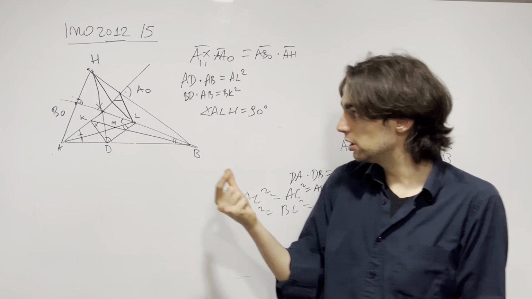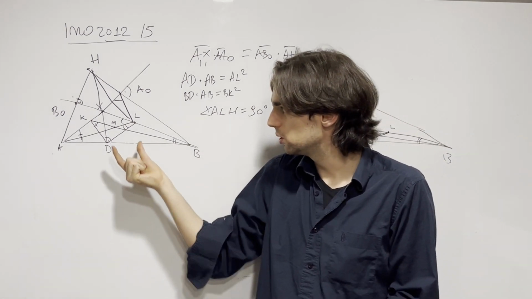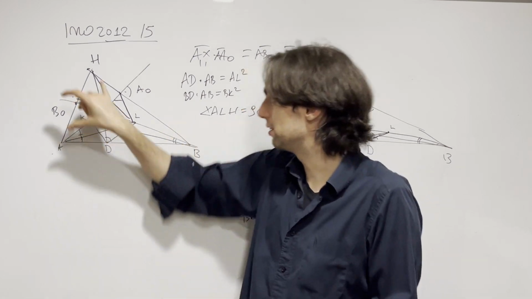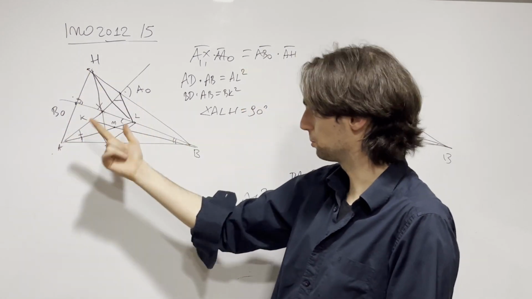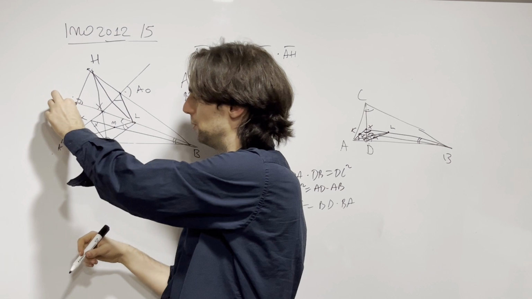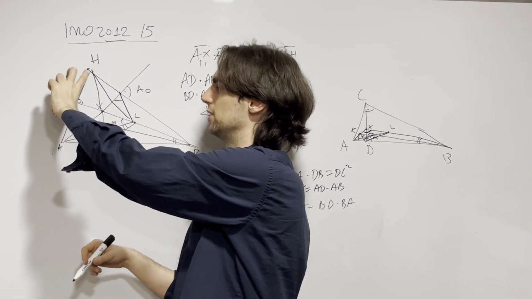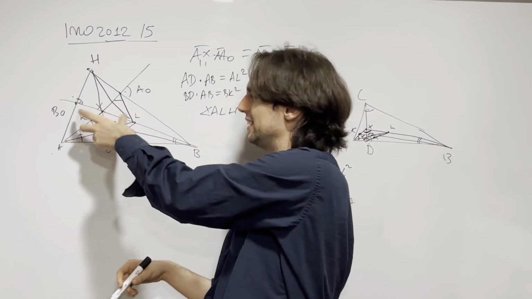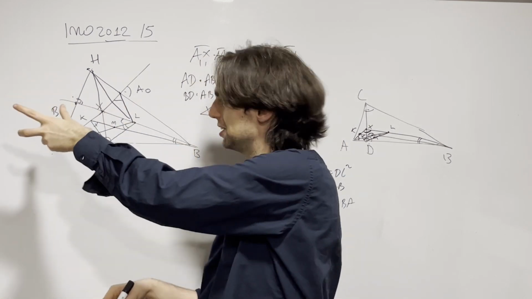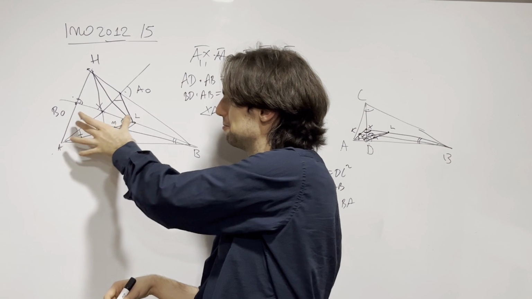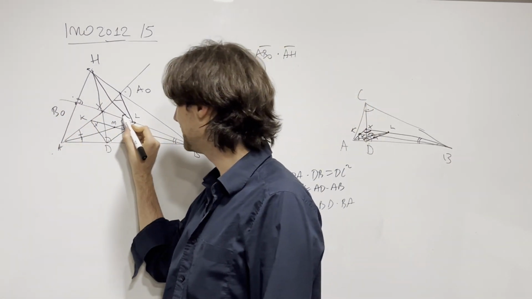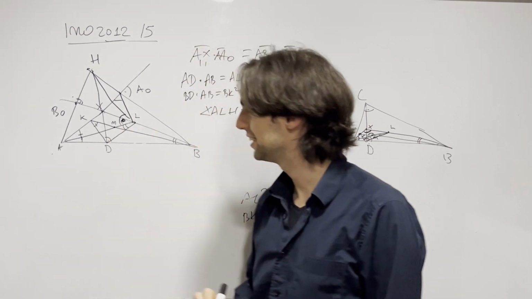And mind you, this should also uniquely define the point L, because there's only one point such that the circumcircle with center on the midpoint of AH and radius to that midpoint, it only intersects this line at 2 points, but L is unique on this line. So we have this angle right here is now 90.